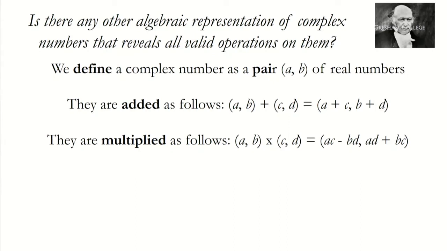So the rule for multiplying these pairs, now these are just pairs of real numbers, so they're nice and concrete. That's what I'm trying to stress. (A, B) times (C, D). What you do is you form another pair of real numbers, and you do it by multiplying: AC minus BD. You can see it for yourself. The first number in the first pair by the first number in the second pair, take away the second number in the first pair by the second number in the second pair.